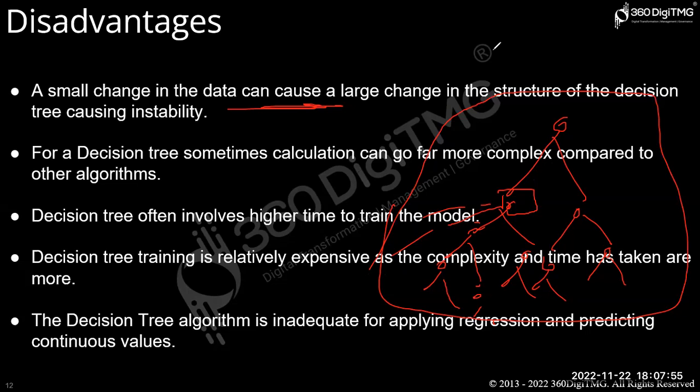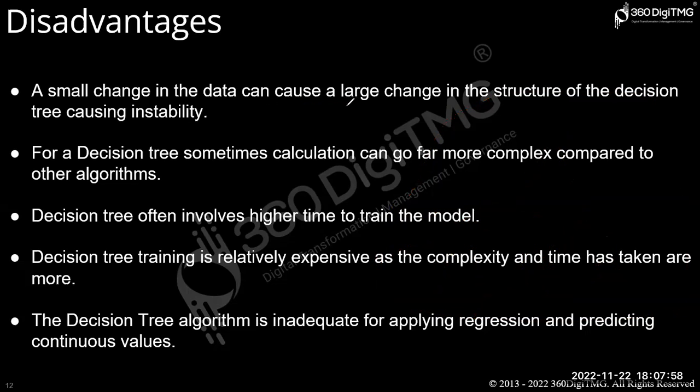That is the reason a slight change in the data causes a large change in the structure of the decision tree, causing instability. Whatever accuracy was shown previously, you might not get the same accuracy afterwards. That is one thing to keep in mind.